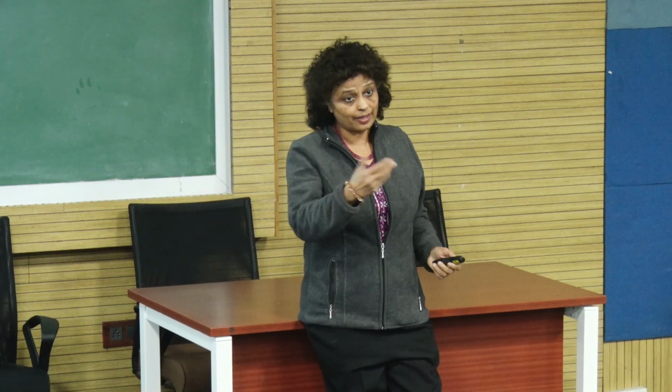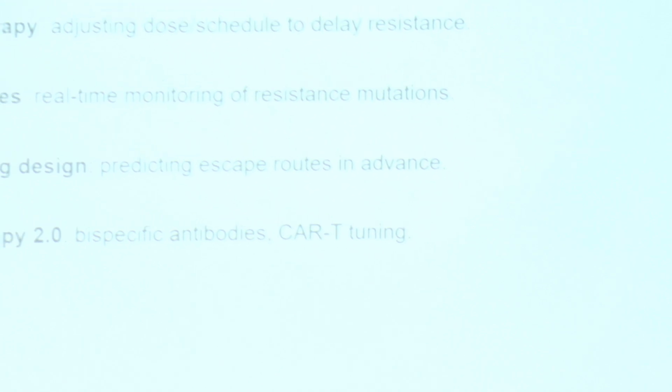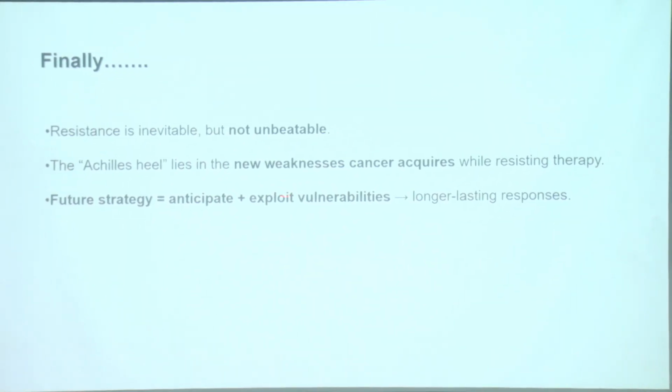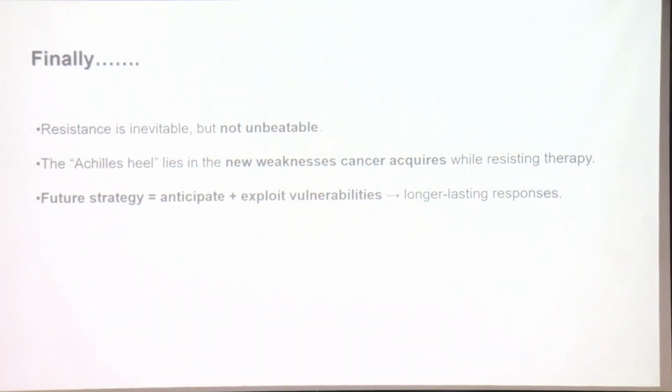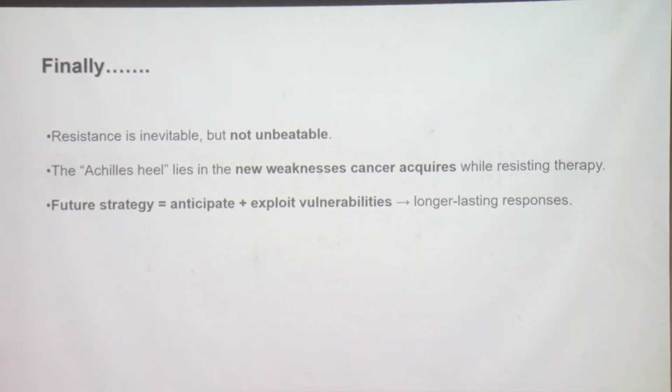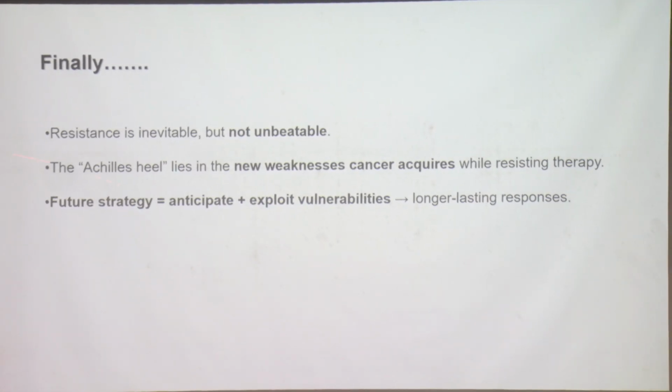And AI can do it easily, and actually you can do it without AI in the lab also, and I can tell you the ways to do it. That will help a lot, and then you can combine many different things, even immunotherapy. So resistance is inevitable, that we know, but we can definitely beat it, no doubt about it.